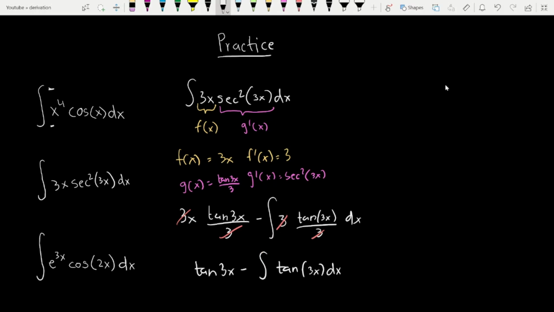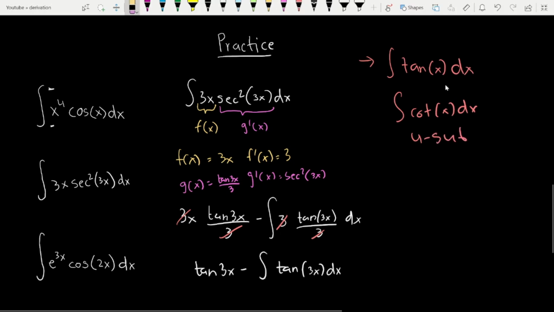Now you guys do already know from the previous video, or the video before that, that you can actually go ahead and integrate tan x integrals, and you can integrate cot x integrals using u sub. So you basically convert this into sine over cos, and you convert this into cos over sine, and then you use u sub, and that solves your problem.